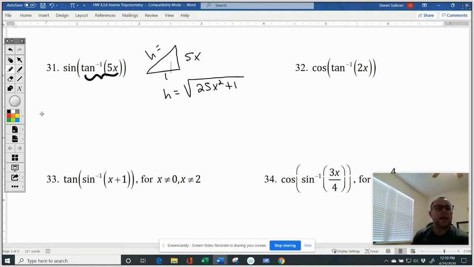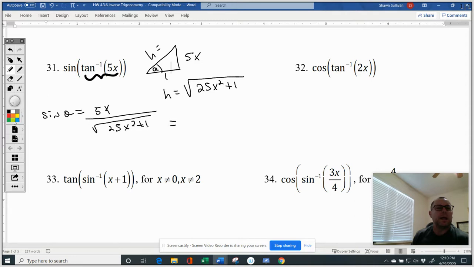Now when we're finding sine of theta of this triangle, what we're really finding is opposite over hypotenuse. So this would be 5x over the square root of 25x squared plus 1.